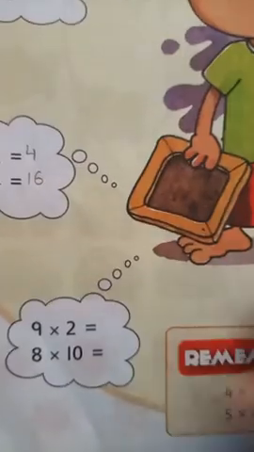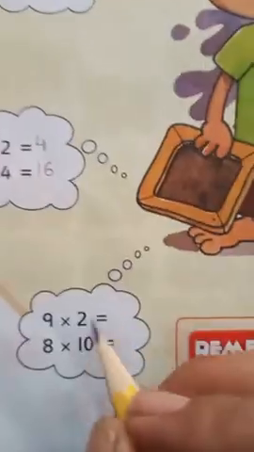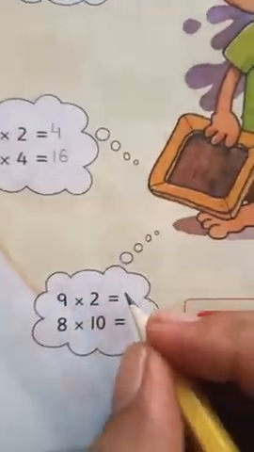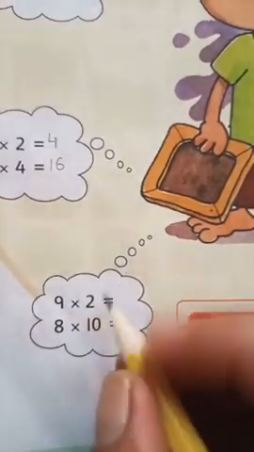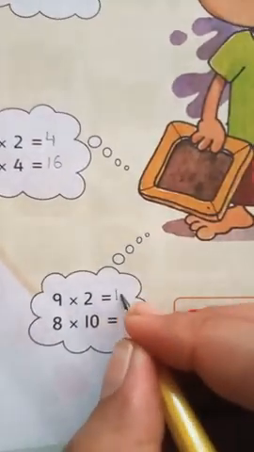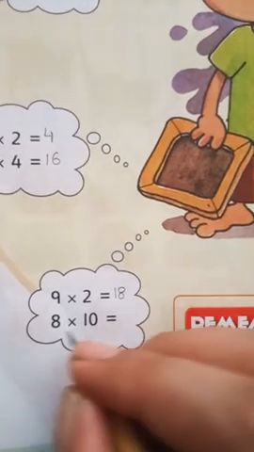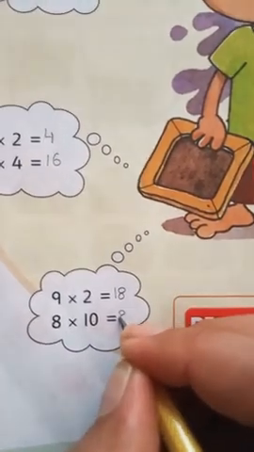Here is the cloud. 9 tens are, students, tell me, 9 twos are 18. 8 tens are 80.